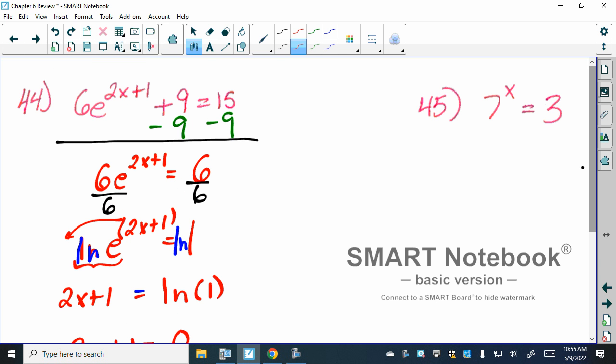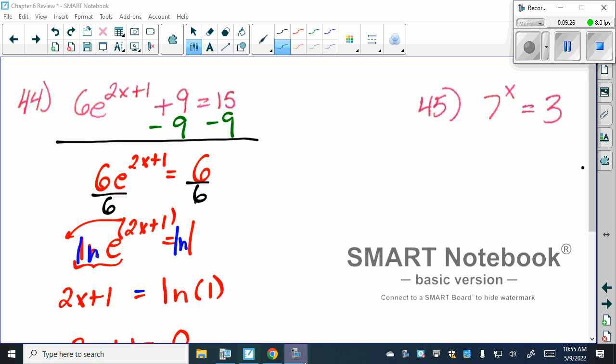What would I do first? What would we do to both sides first? You're wanting to use ln? I mean, ln does work. ln of both sides would get us to the answer.